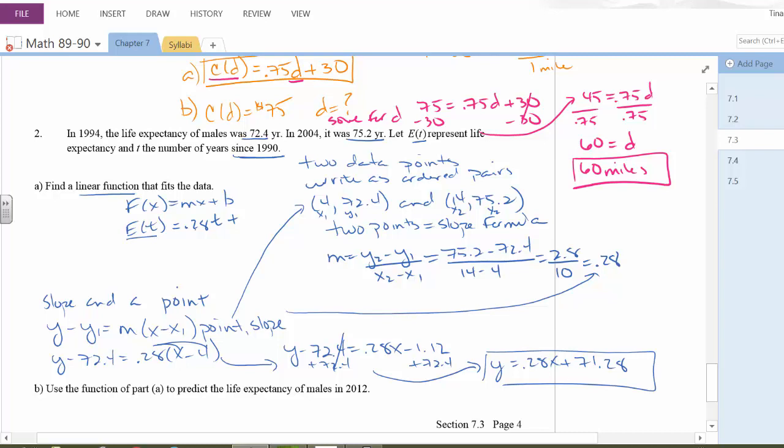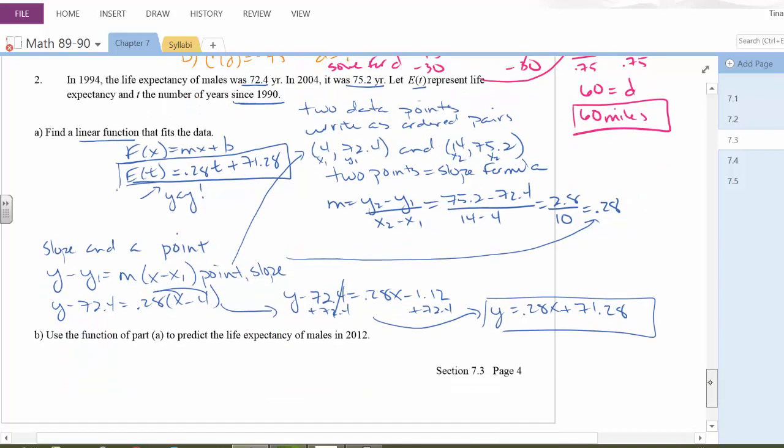I'm going to write that as 0.28t, and now I have the y-intercept. So this is our final answer. And so that's your function. That's the one that's going to tell us what the life expectancy will be any year t after 1990, t years after 1990.